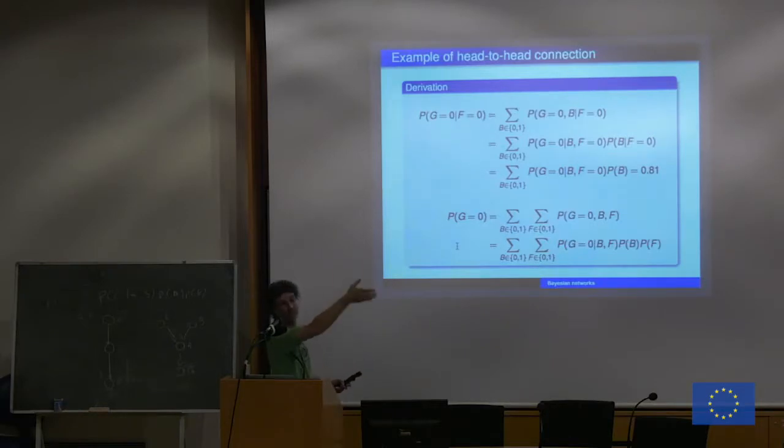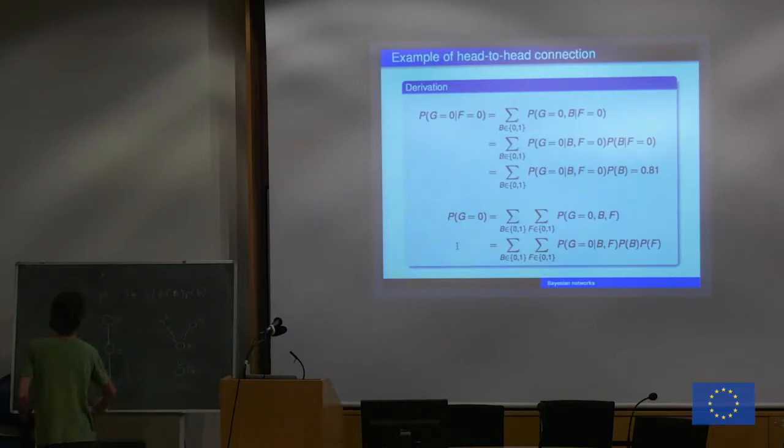This is actually a slight generalization of the product rule because P of A and B given C is equal to P of A given B and C times P of B given C. There is a given something that you have to retain in every step. So this is like P of A and B is P of A given B times P of B, and then you add given C everywhere.